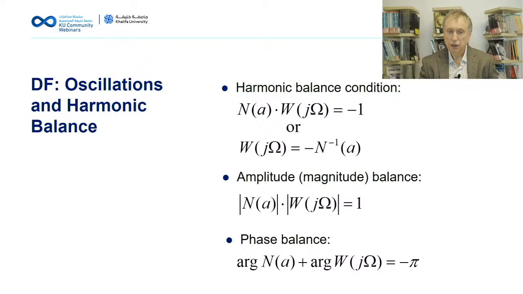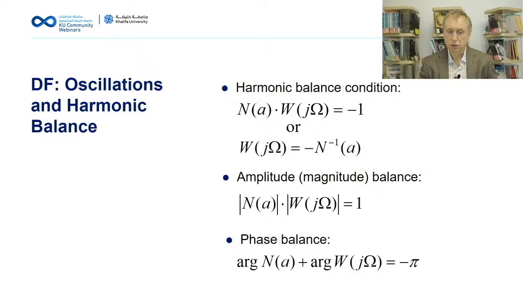The harmonic balance condition, we can also note, is a complex equation, and we can represent it as two equations: the balance condition for the amplitudes, which we will call the amplitude or magnitude balance condition, and the phase balance condition.